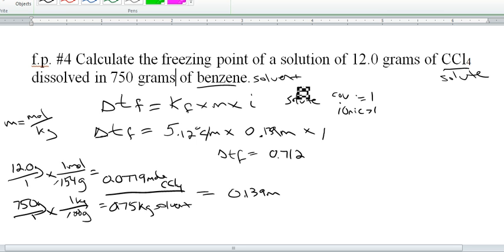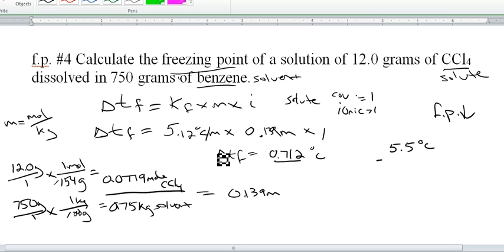Okay, we're still not done yet because it asks for the freezing point of the solution. So we also can go to the table and find the normal freezing point of benzene. The normal freezing point of benzene is 5.5 degrees Celsius. And we need to remember that this colligative property is freezing point depression. The normal freezing point of pure benzene is going to be lowered by this much. This is the change in freezing point.